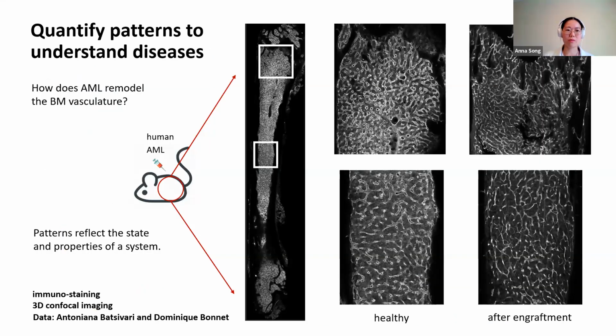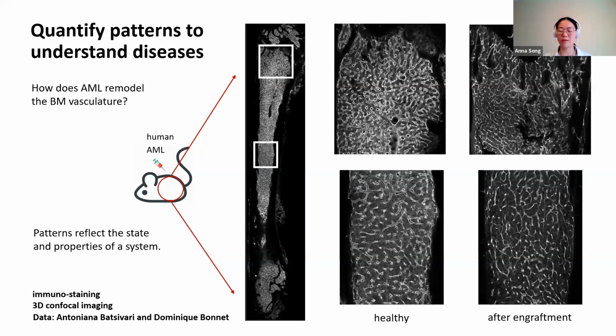And one major question motivating even the mathematical side of my PhD is how a certain type of blood cancer called AML, leukemia, how does AML remodel the bone marrow vessels? As you can see, whether you are in a control stage or once the disease has started to engraft, the patterns in the vascular shape are totally changed.